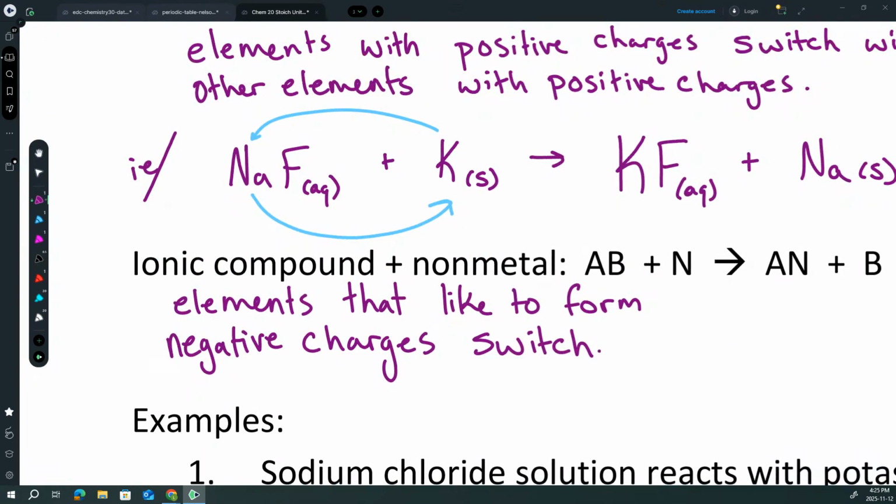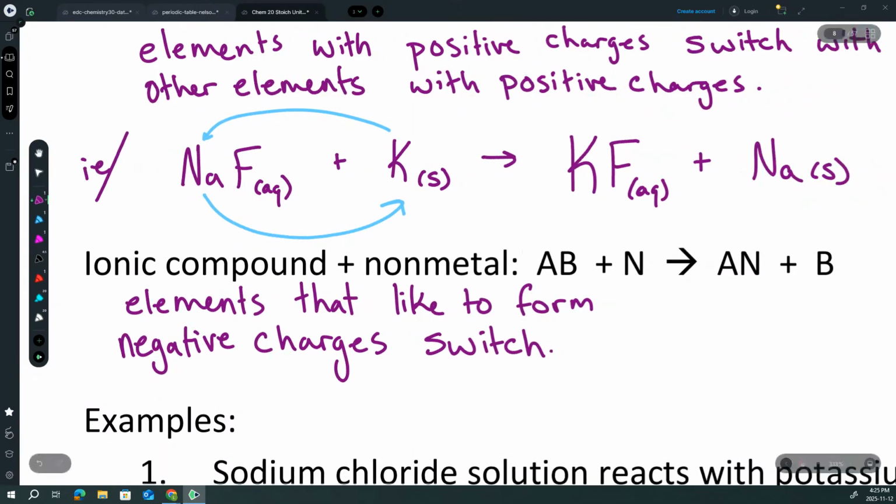Elements that like to form negative charges are going to switch.